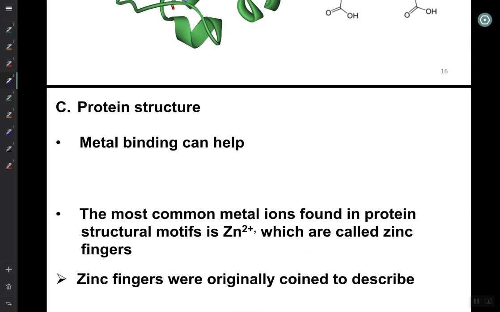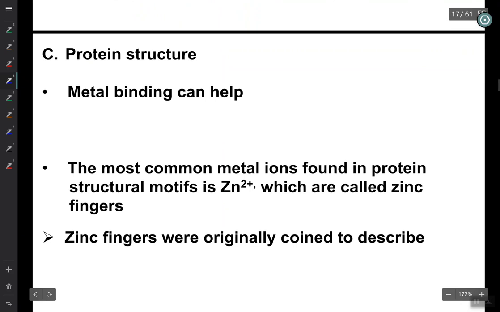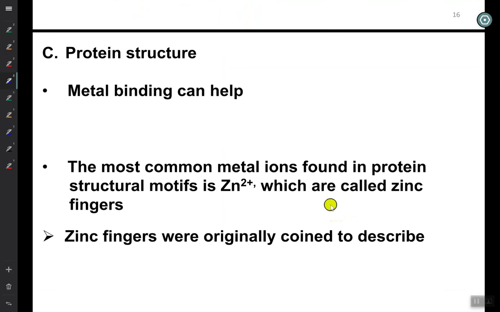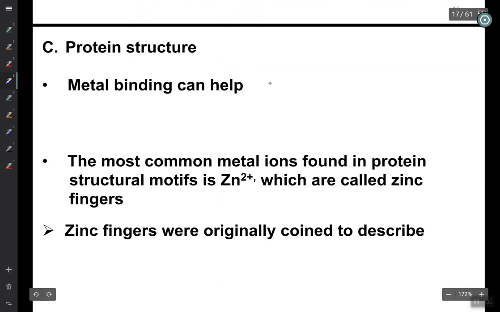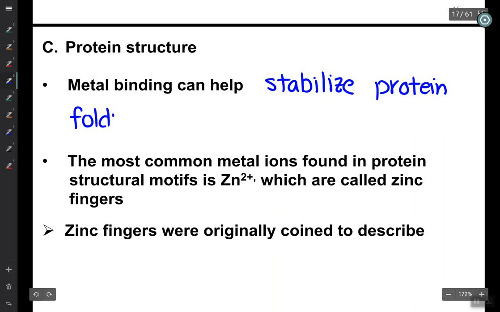Metals are sometimes used to help stabilize protein structure, so they play a structural role. Metal binding can help stabilize protein folding and maintain conformations.